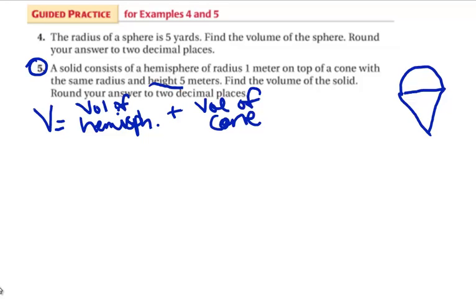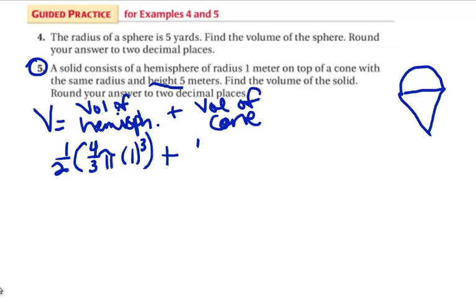And so my volume is going to be the volume of a hemisphere. Again, a hemisphere is half of a sphere. So I'm going to have 1/2, 4/3 pi, and then r cubed. Well, my radius is 1 cubed, plus the volume of a cone.